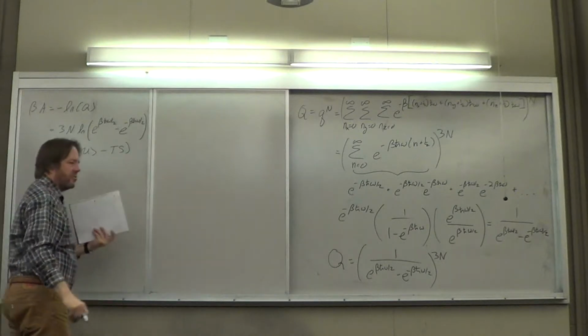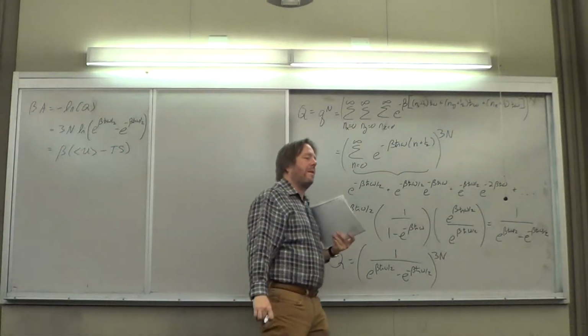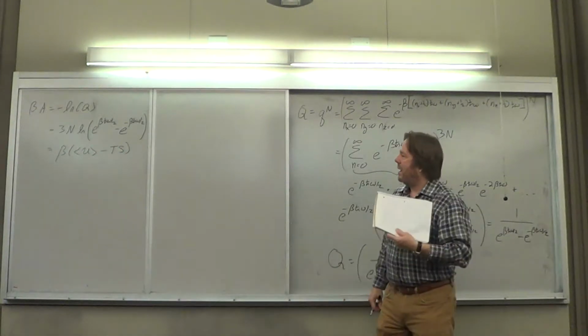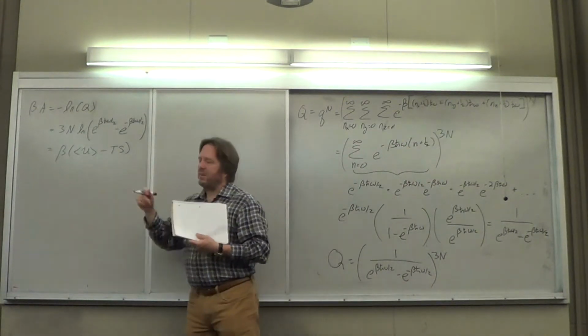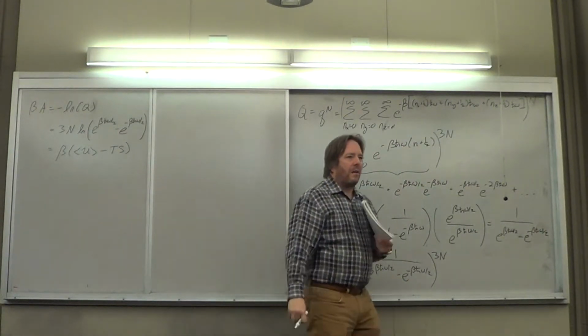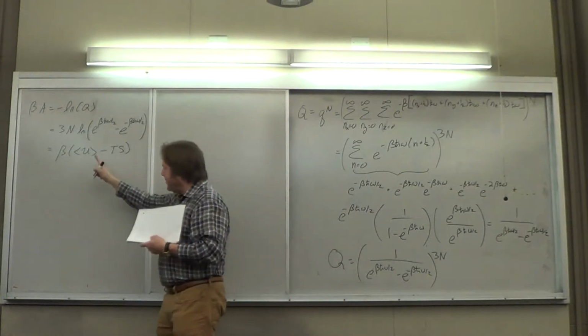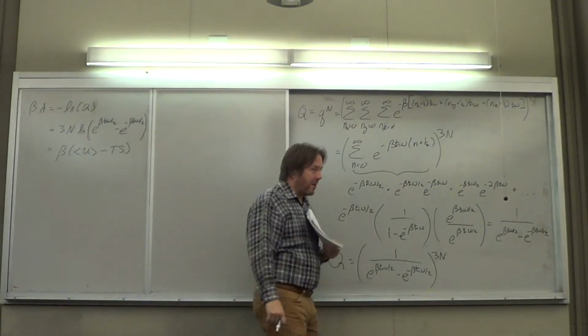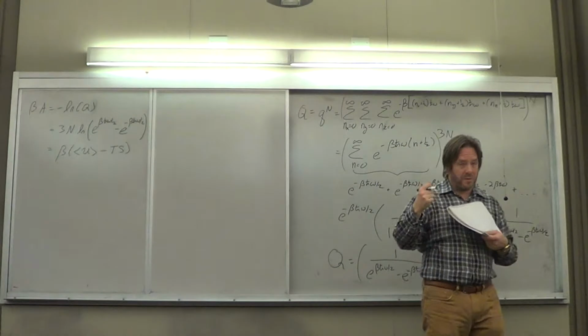Don't forget your Legendre transforms. I will definitely put those on the exam. That's the very beginning of this class. We covered Legendre transforms. All right, now remember that heat capacity is related to internal energy, not Helmholtz energy.